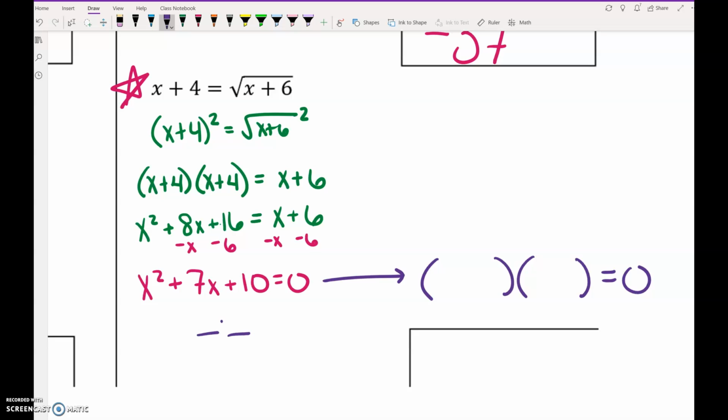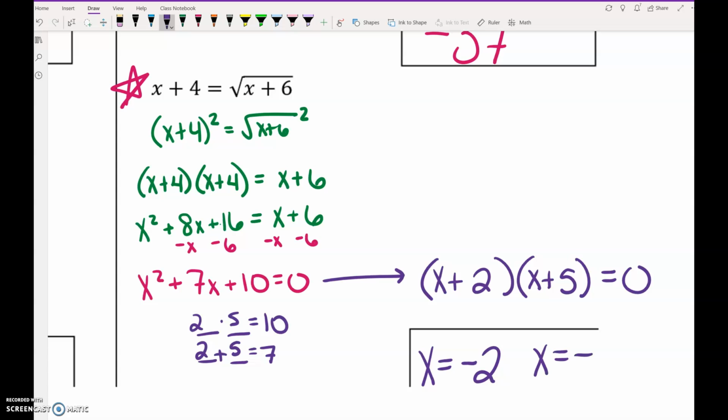So we need to figure out 2 numbers that multiply to give us 10 and add up to 7. And it should be pretty small numbers, like I didn't make them anything crazy on the test. So this is x plus 2, x plus 5. That's the factored form. What are the solutions?